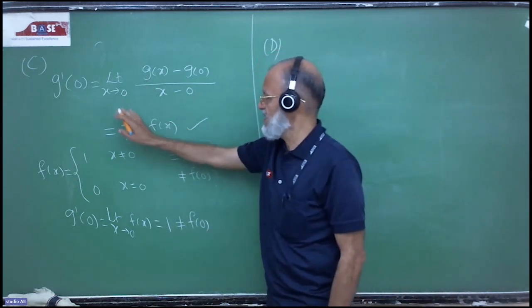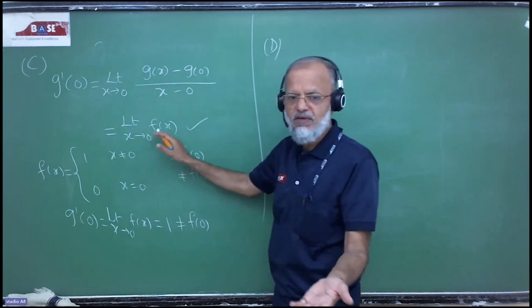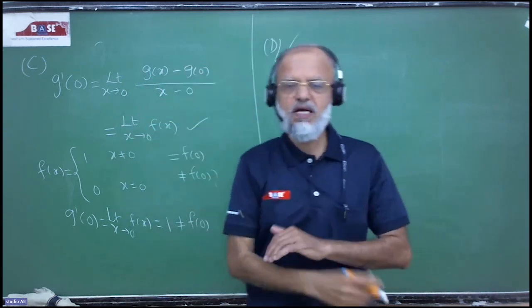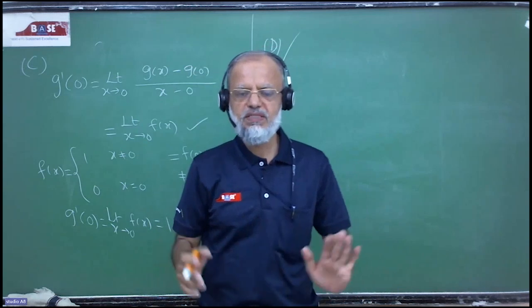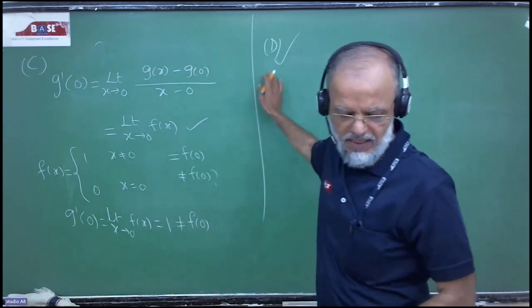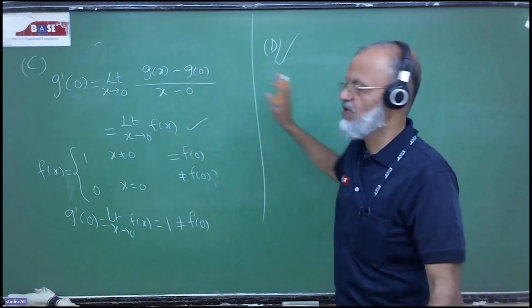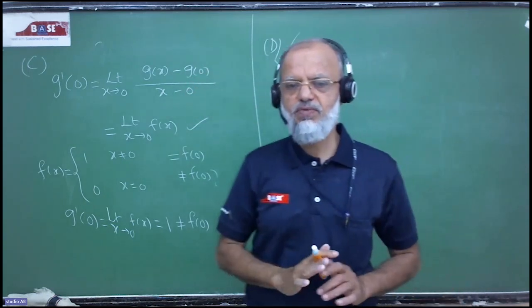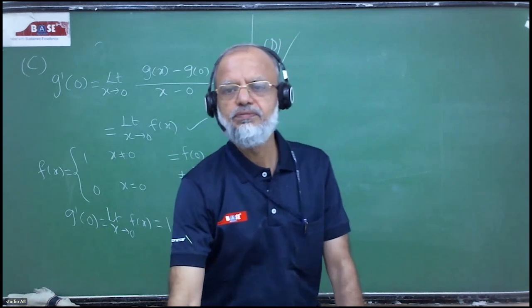If this is differentiable, this will be finite. If this is finite, it means this itself is existing. So I can say yes, option D is understood. With this, I can say that in this question, option D is the correct option. And also, just now what you have seen, option B is also correct. Hence, this is the solution for this question.